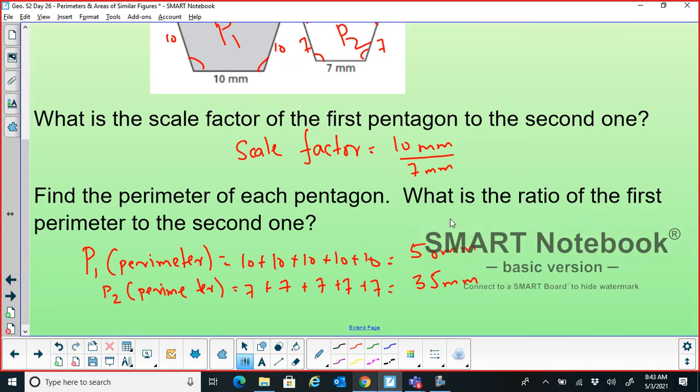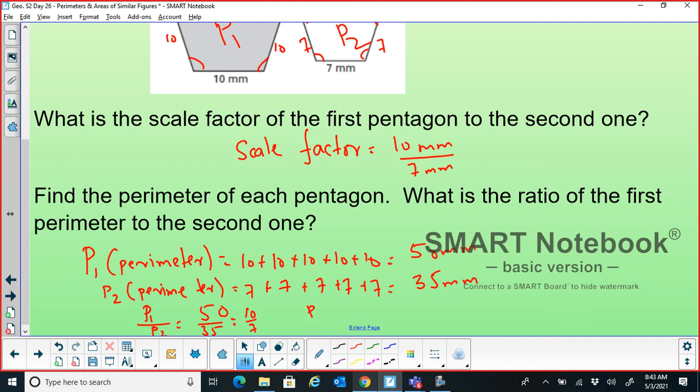Now if I do the ratio of the first perimeter to the second one, P1 is to P2 equals 50 divided by 35. Further I can simplify this as 5 times 10 and 5 times 7, so I'll end up getting 10 over 7.